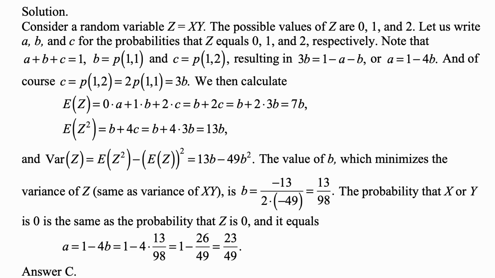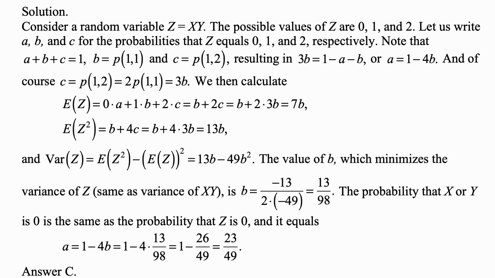And the value of b which maximizes the variance of z is the point that corresponds to the vertex of the parabola. So that's b equal to minus the coefficient of b by itself without higher power, and b is there, so minus negative 13, over 2 times the coefficient in front of the square of the variable, so 2 times negative 49.